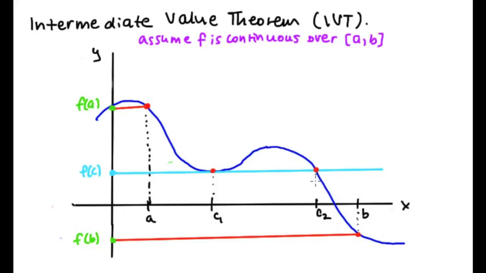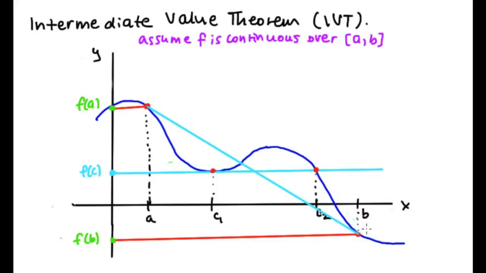That if a function is continuous, the function, if it connects A to B, it has to include within that interval all values. All values, so I'm going to write that in light blue. It has to include all these values in between f of A and f of B. That's just what the intermediate value theorem says.